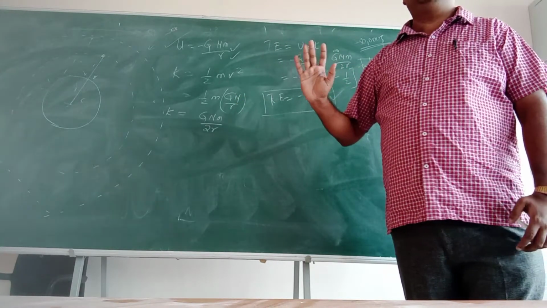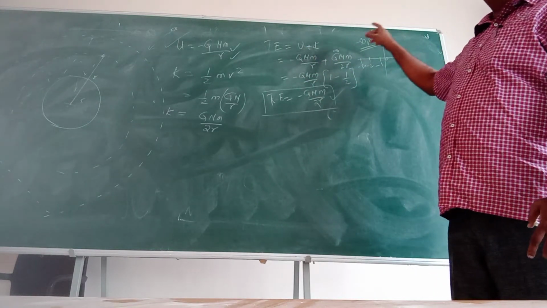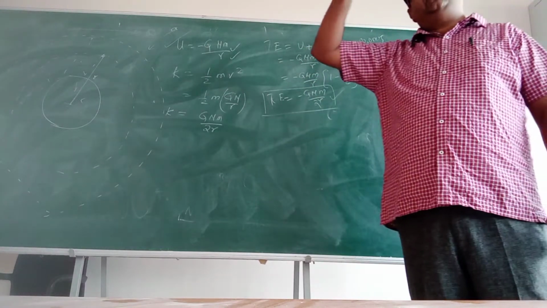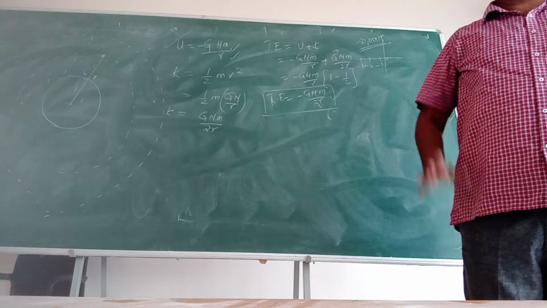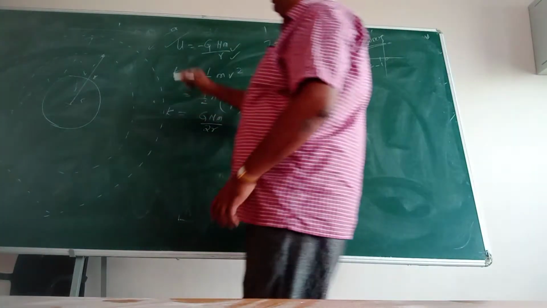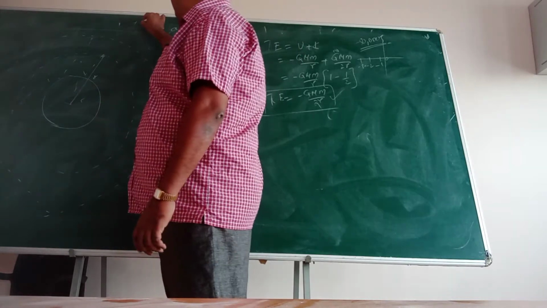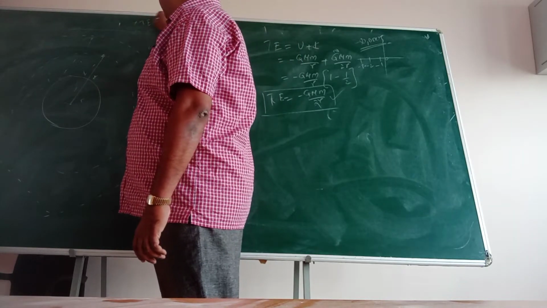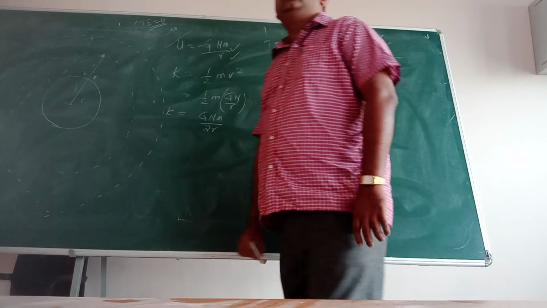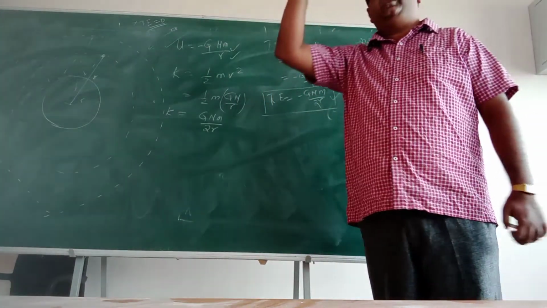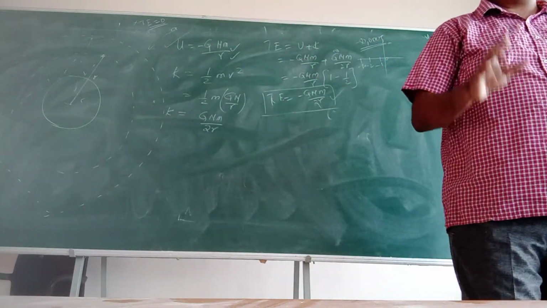See, if it has to escape, the condition is that the total energy at this point, which is beyond the Earth's gravitational field, will be 0.